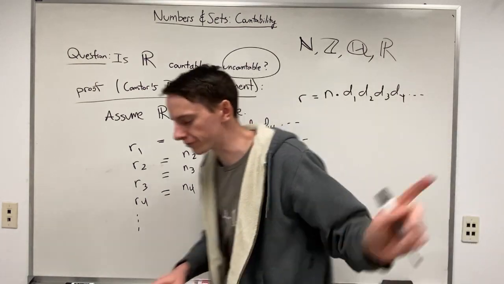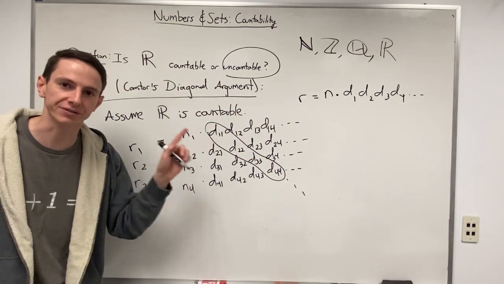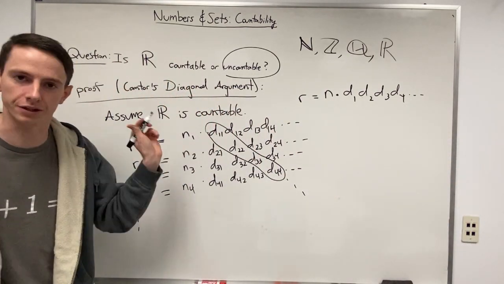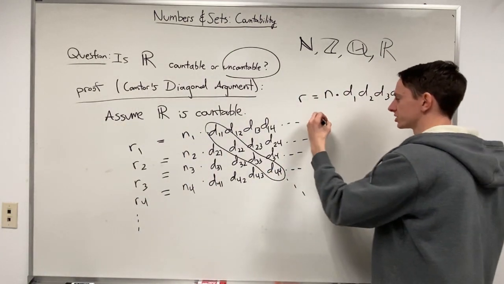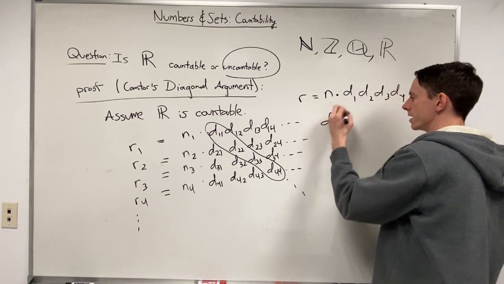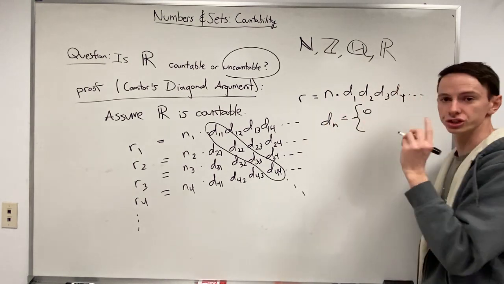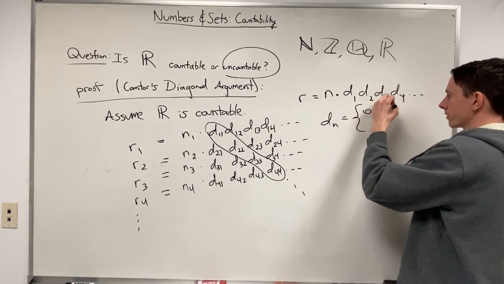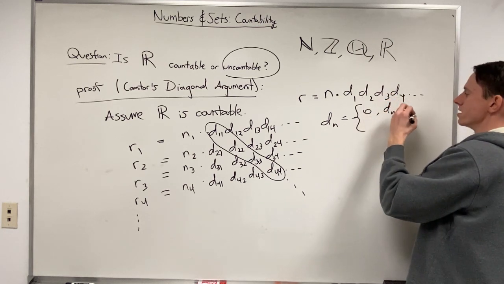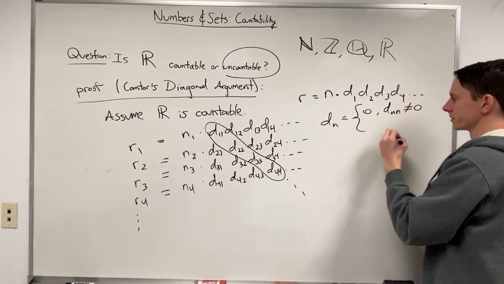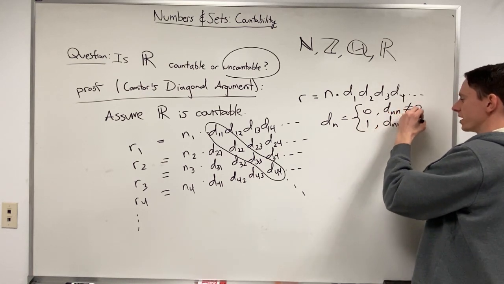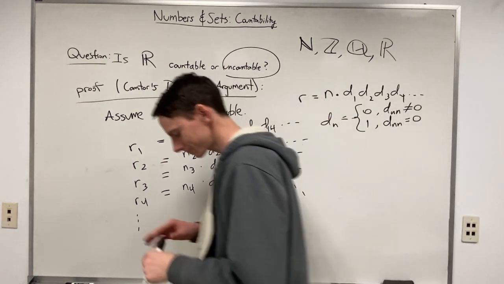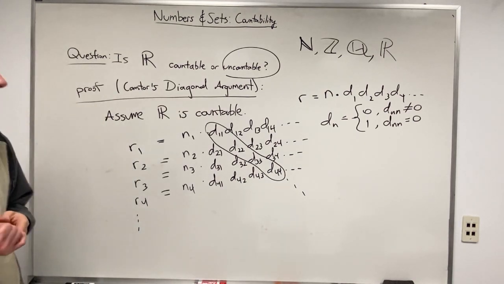And these digits after the decimal are going to have a very specific property. And here's what the general property is. For any of these digits in the decimal, we're going to write that d sub n is going to be equal to 0 if d sub nn is not 0, and it's going to equal 1 if d sub nn is 0. Okay?